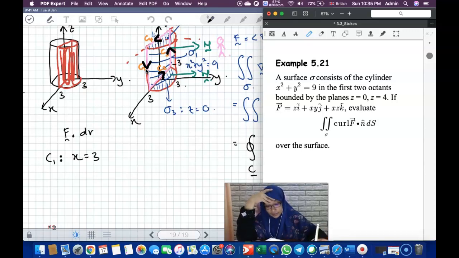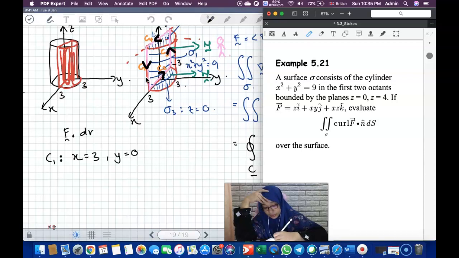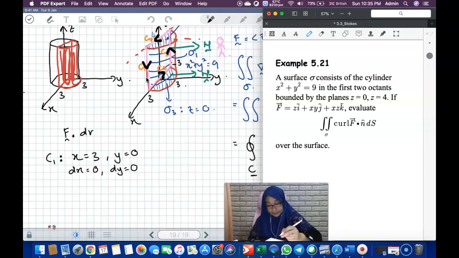So x equal to 3, and that line is located on y equal to 0, so dx is 0, dy is 0. We know that r is in terms of x and y in general, so when we have dr, we have dx and dy.